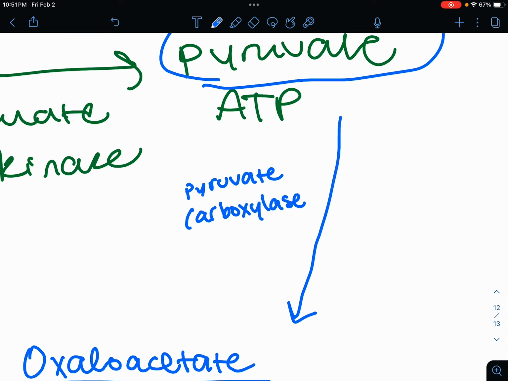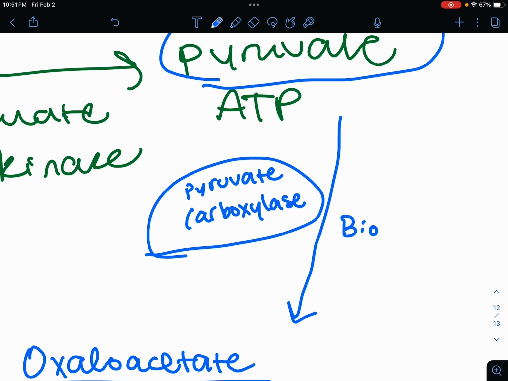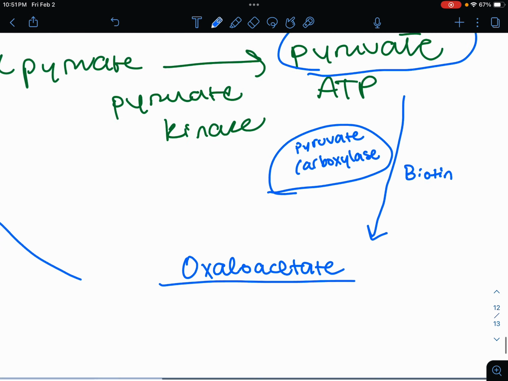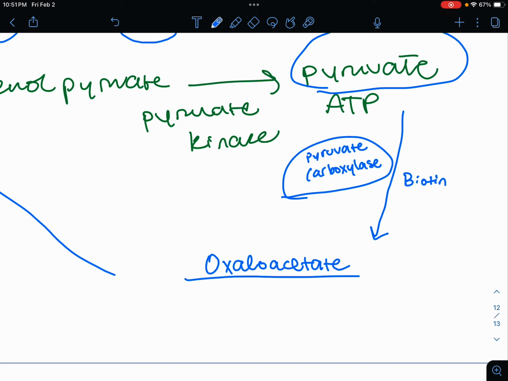We're going to be transferring a carboxyl group with this enzyme, and we also need biotin in play with that enzyme. Once we get to our oxaloacetate, sorry about that. It's been a long day.